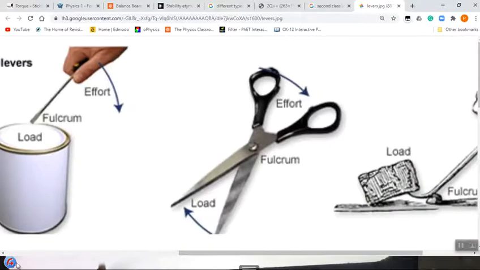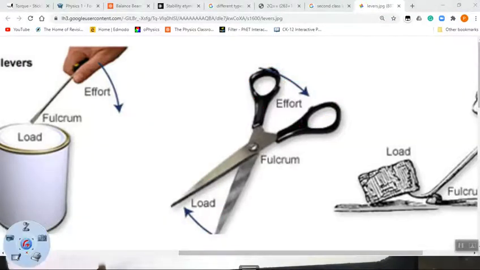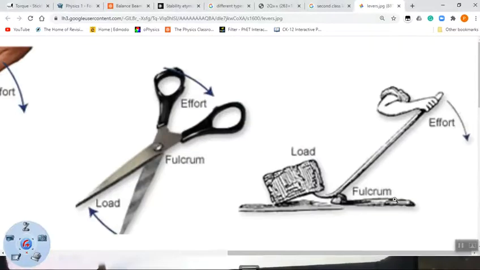I apply a force on the side where this is, and the work is being done here at the load. And lastly, the lever that I've shown you just now, where we use a stick and a stone to make a pivot. We push down on the one side and we lift it up on the other side.